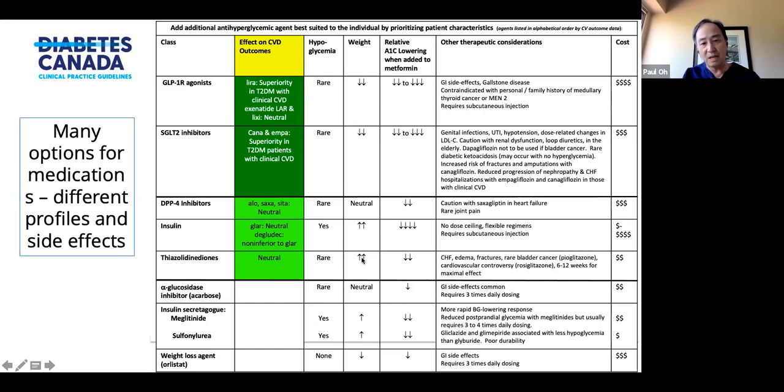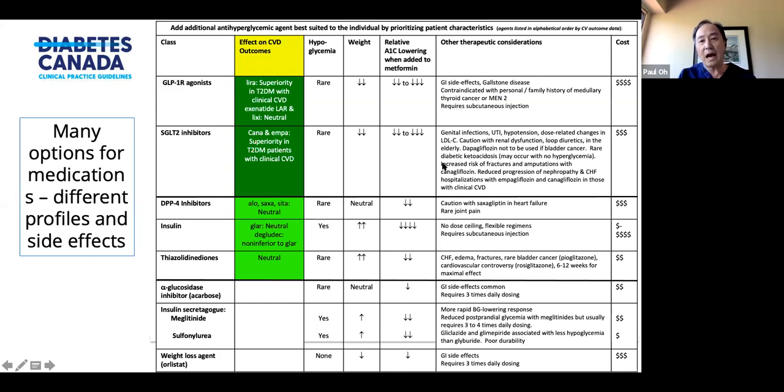On the other hand, some medicines will cause us to gain more weight, and we may get into this challenging kind of spiral of our body weight and diabetes. All the medicines will lower the hemoglobin A1C or improve blood sugar control, and some will have a modest effect, some will have a medium effect, and some will have a very large effect on blood sugar control. And we can choose medicines accordingly across all of these domains.